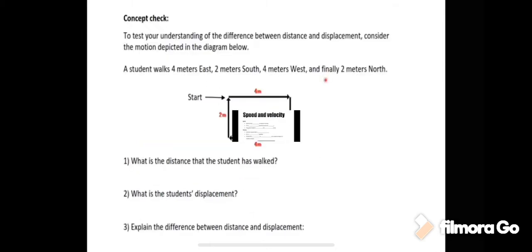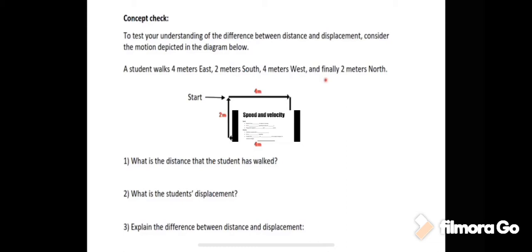Okay, so to test your understanding of the difference between distance and displacement, consider the motion displayed in the diagram below. A student walks 4 meters east, 2 meters south, 4 meters west, and finally 2 meters north. What is the distance that the student has walked? So that's 4 plus 2 plus 4 plus 2, which is equal to 12 meters.